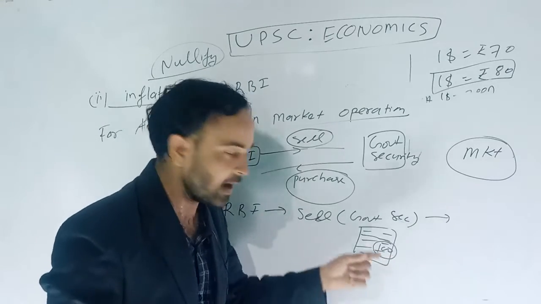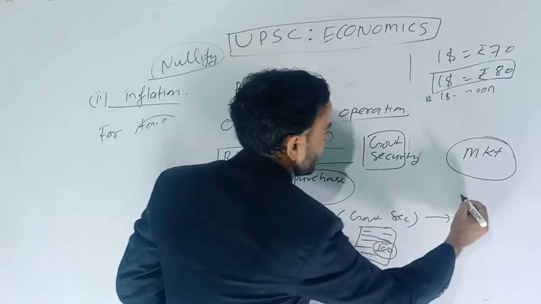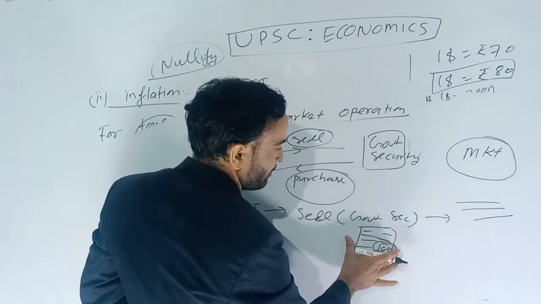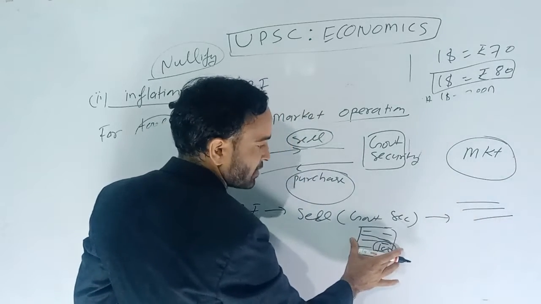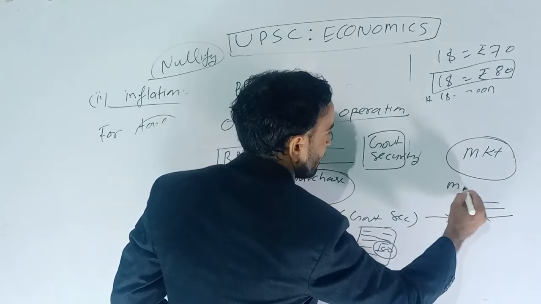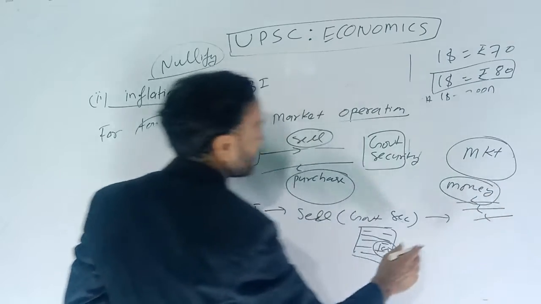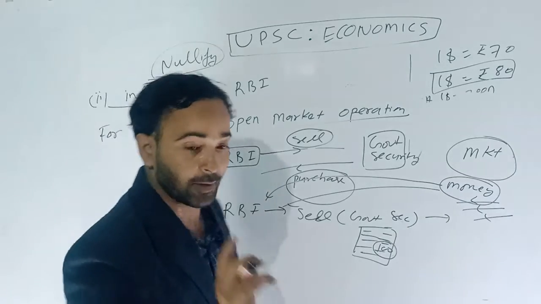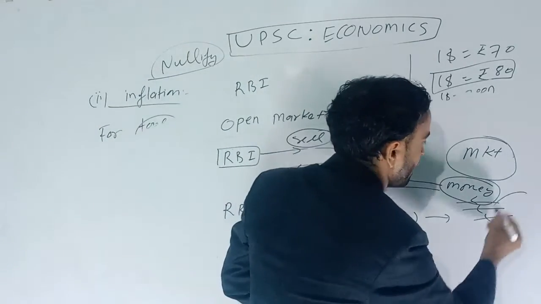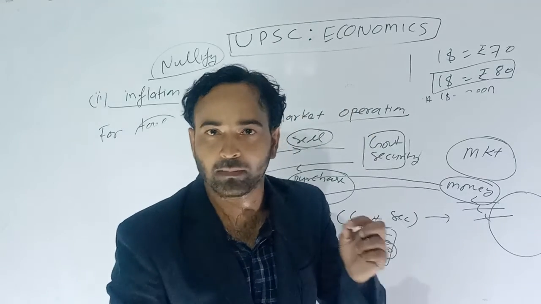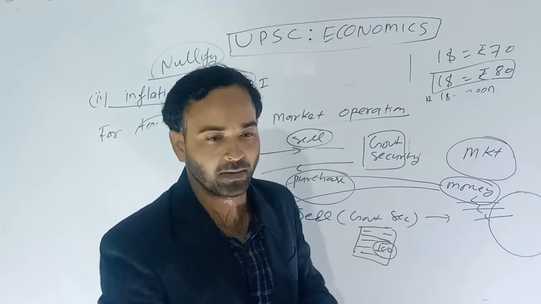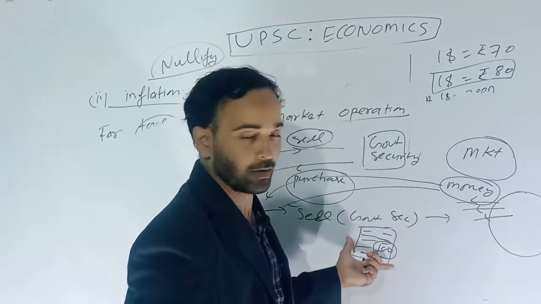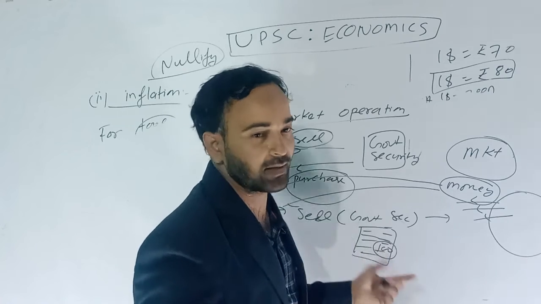If I sell this paper in the market, what will happen? People purchase this one and they give me money, which is collected by the RBI. Whatever money people have in the market, they invest in purchasing the government security, and they are left with less money.